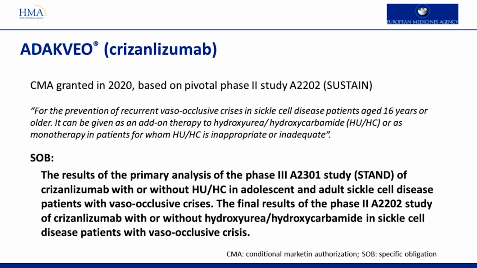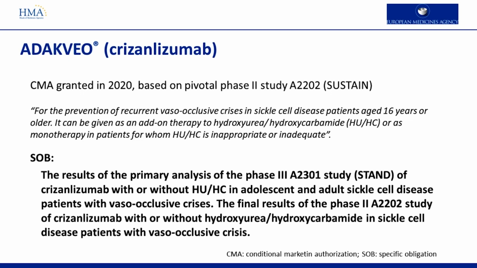In order to generate this comprehensive data that CHMP still wanted to see, the marketing authorization holder, who now will have a marketing authorization, was requested to submit the results of 2 studies by December 2025 as specific obligations, the SOBs you see in the slide.